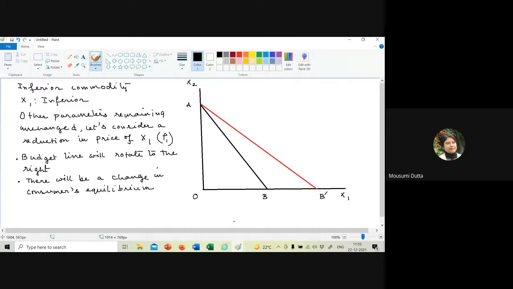A budget line parallel to the new budget line AB prime.